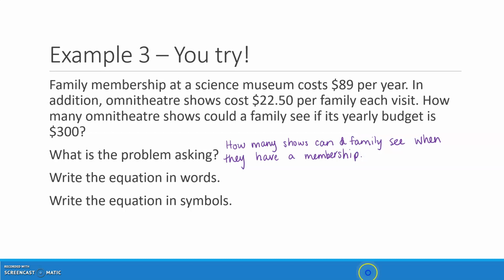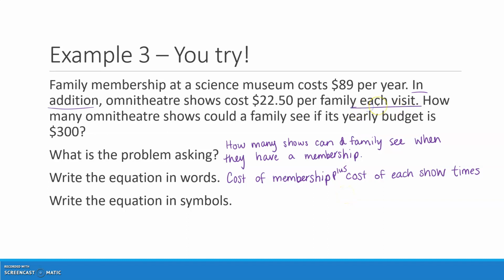So the equation in words would be the cost of membership plus, because it does say in addition, the cost of each show times the number of shows, because it's not just plus the cost, the $22.50, it's each visit.